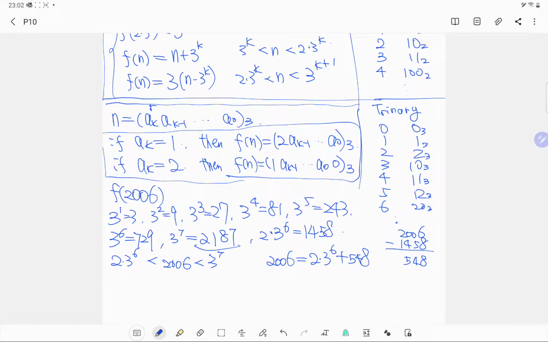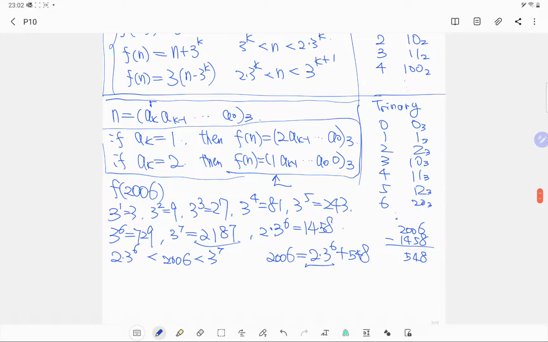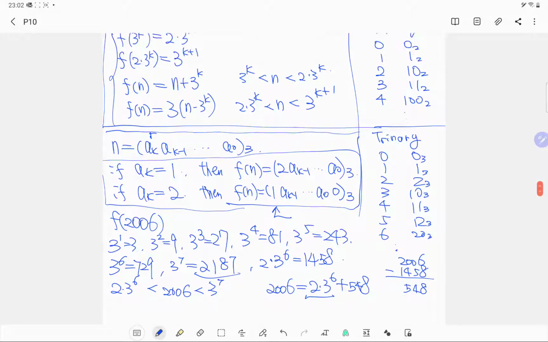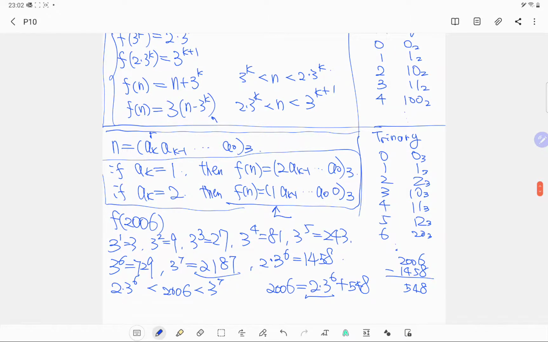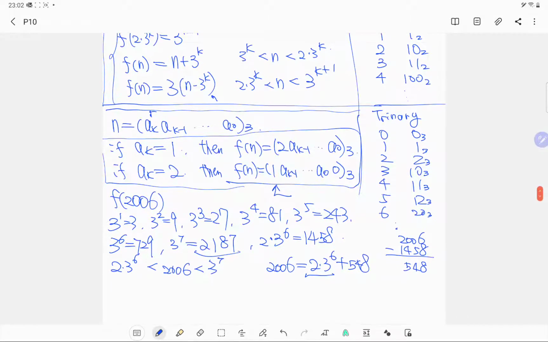So in this case, we have the first digit to be 2, which means that it should change to this case. Or we can actually use this expression to find f of 2006.